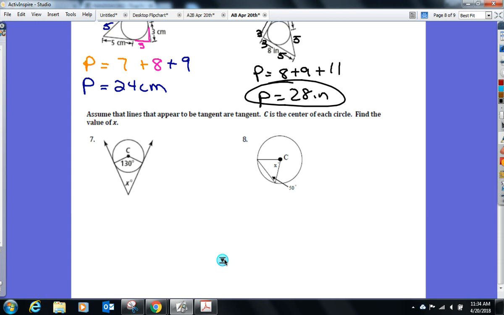See if anybody can pick it up without my assistance. It's not a triangle, so don't tell me it's an isosceles triangle. All right, it's not a triangle.